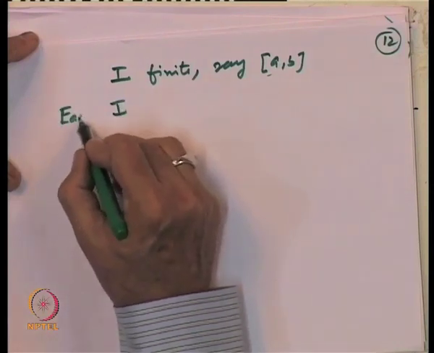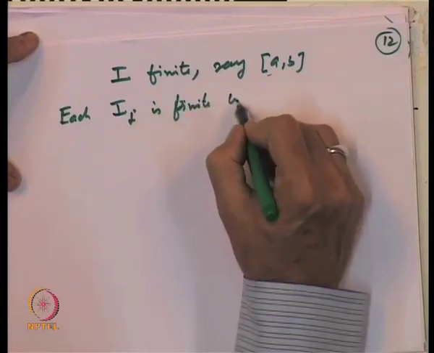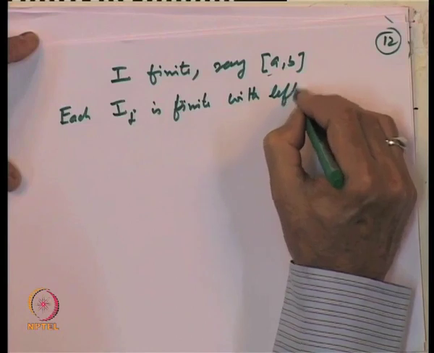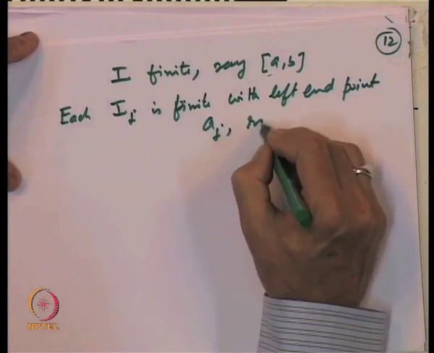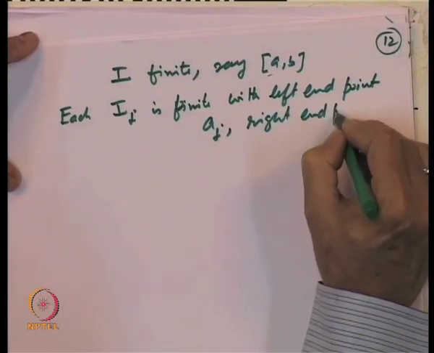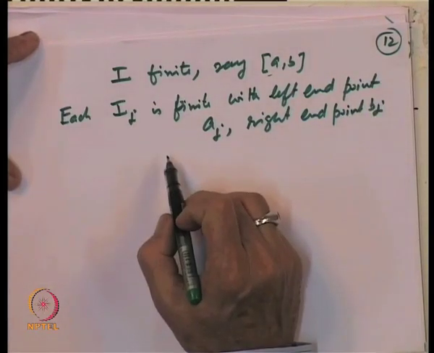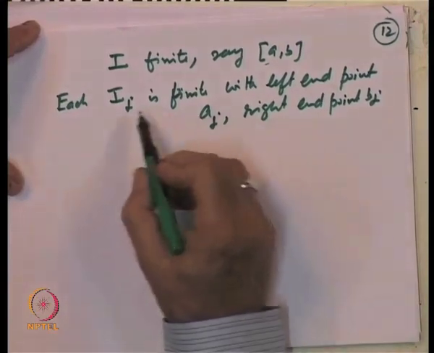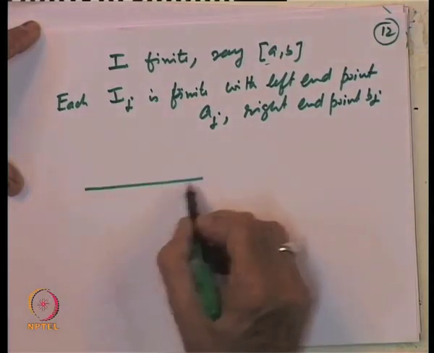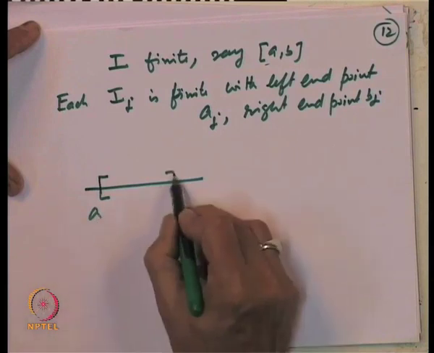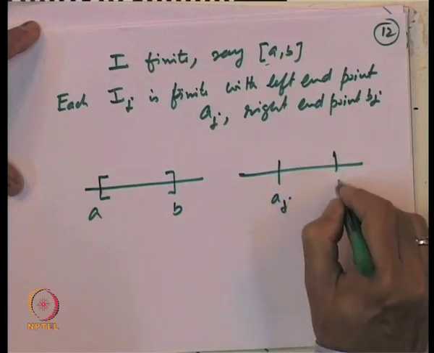Each I j is finite with left endpoint A j, right endpoint B j. We are not assuming that these I j's are open or closed or anything. We are just naming the endpoints, the left endpoint of I j. So, we are saying I looks like A and B, and each I j is A j B j.